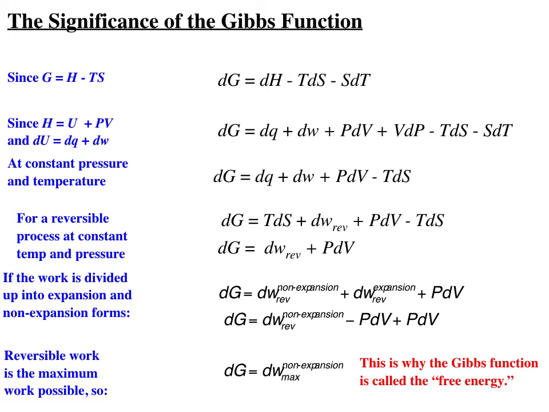Turns out, particularly in life sciences, that's the important type of work we can generate upon respiration and metabolic processes to power our muscles through electrical stimulus and things of that sort. So if dG is dw non-expansion plus dw expansion plus PdV, and then we put in for the expansion piece of work minus PdV, we get a cancellation of those terms. And we see that what the Gibbs function is very importantly representing is the non-expansion work.